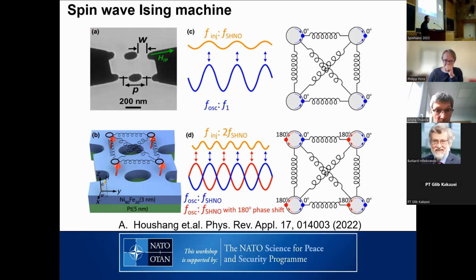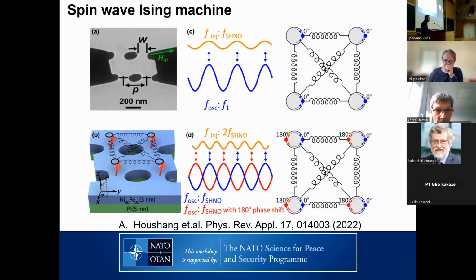But if you take the force at double the frequency, then the oscillator has some freedom. It synchronizes, not a question, but it can synchronize with two different phases, differing by pi, clockwise or counterclockwise in our case.